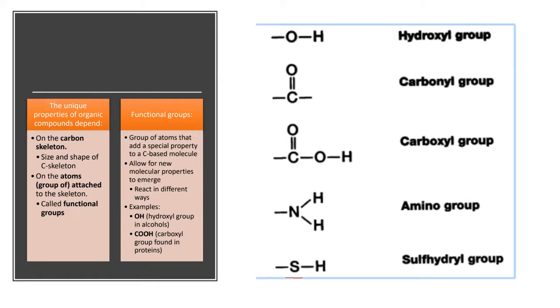But here comes the but. Sometimes you're going to have some other atoms bonded to the carbons, which give the molecule a little bit of a personality. The unique properties of organic compounds depend on the carbon skeleton, and we talked about that.